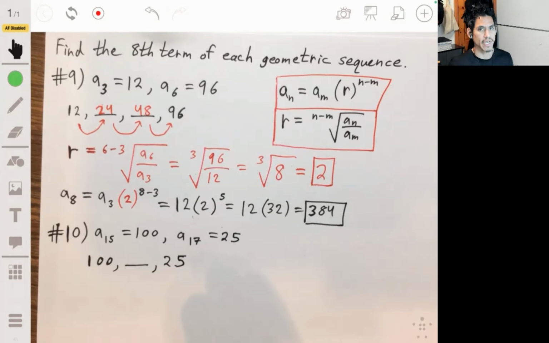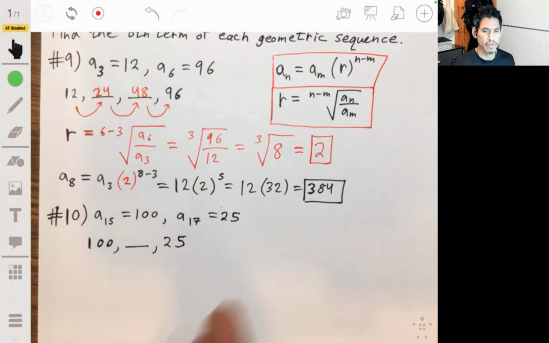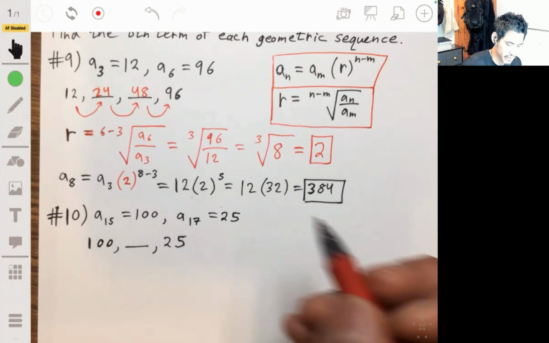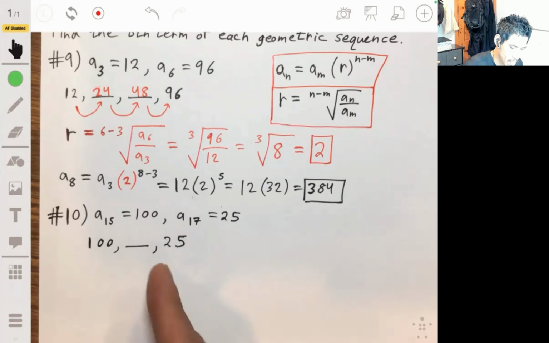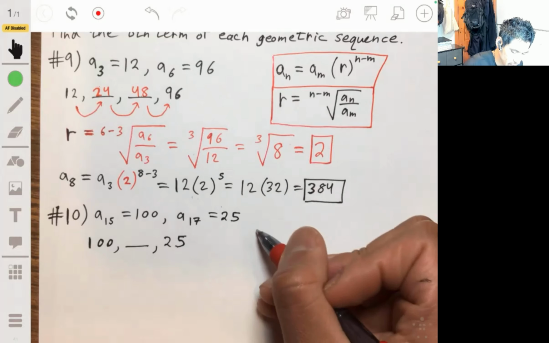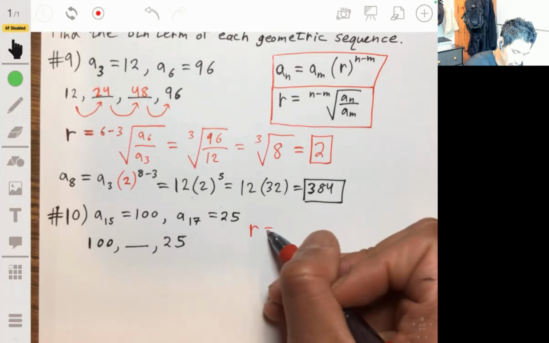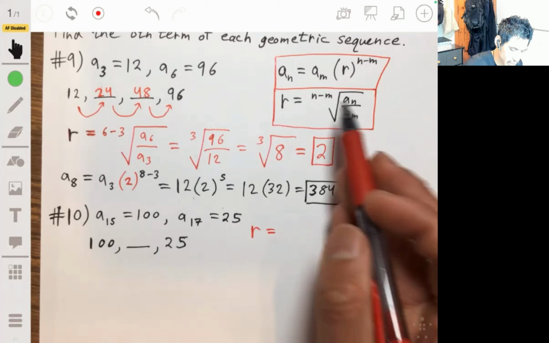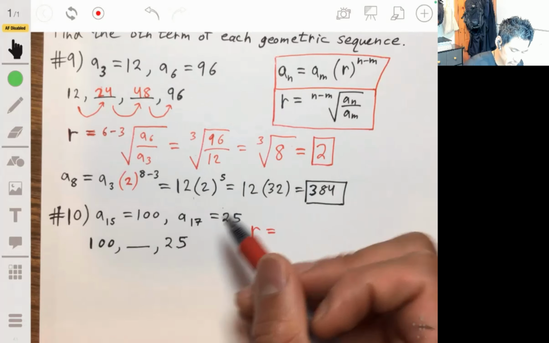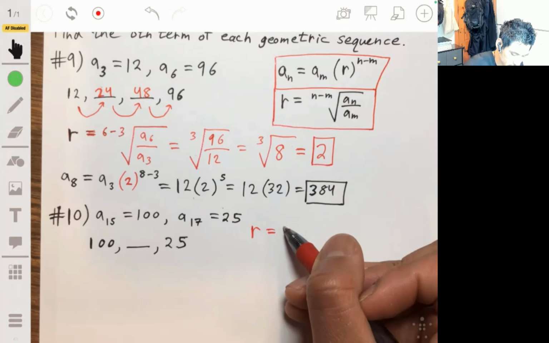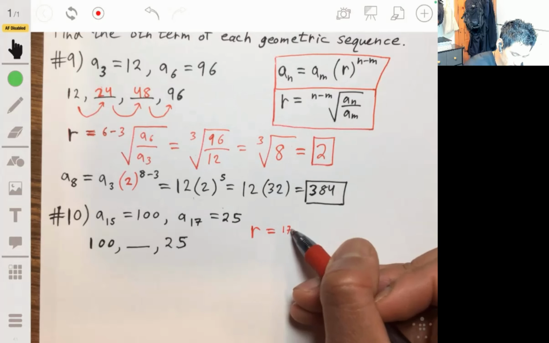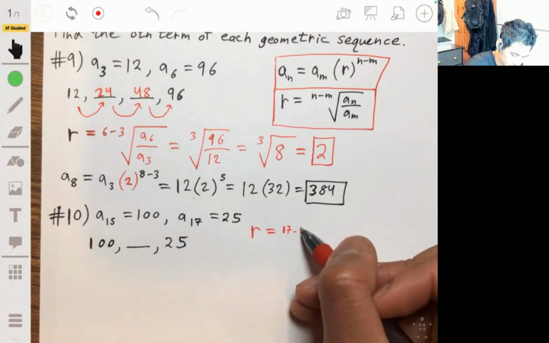Again, you can always guess and sometimes figure it out, but let's pretend we can't figure it out mentally. So we solve for r, making the common ratio r equal to the n minus m root. Let's make n 17 and m 15.